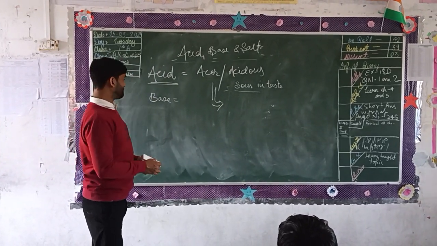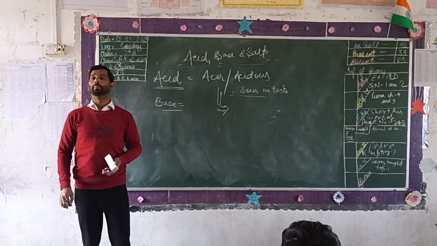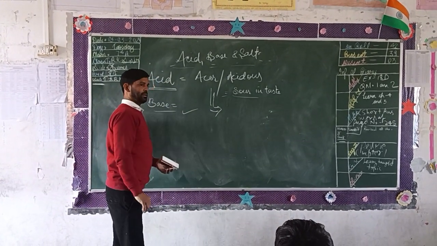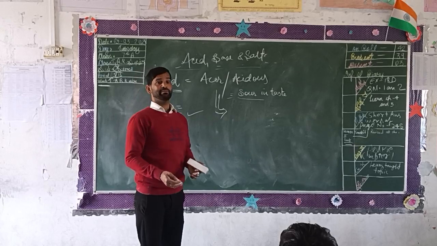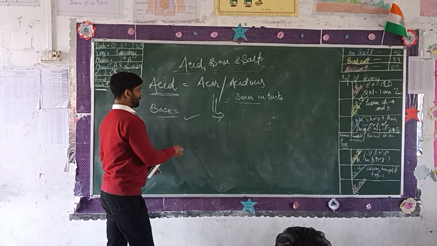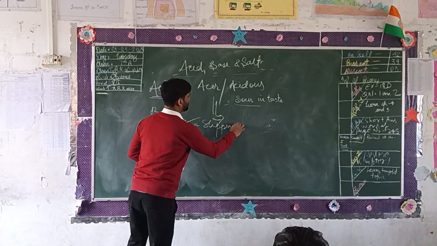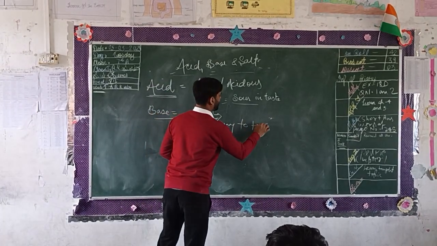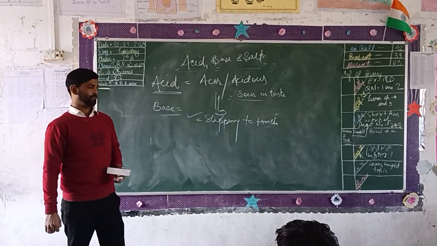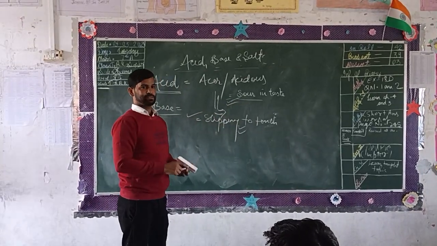That means any substance which is bitter in taste, and whenever you touch it, it feels slippery to touch. That is called a base. Now we can write down examples of acid and base.